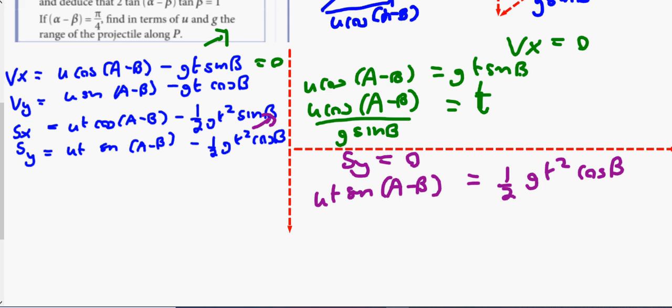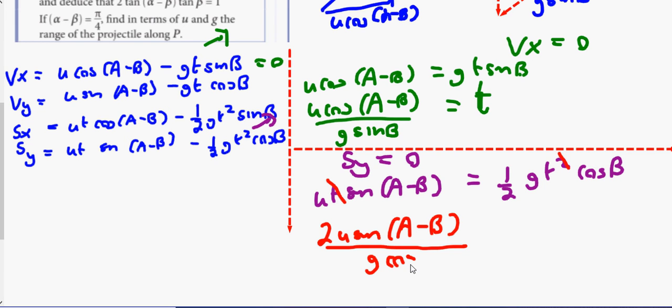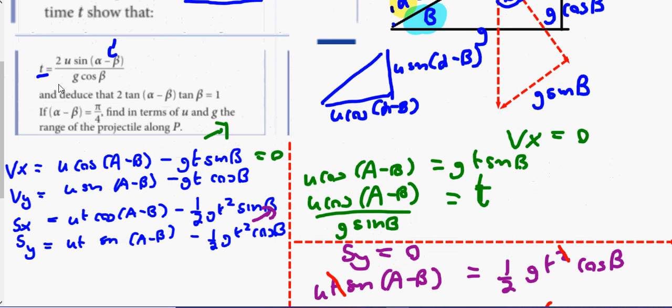Cancel the t's, multiply it, and we get t equals 2u sine(alpha minus beta) over g cos beta. I believe that's what I was asked to prove, wasn't it?